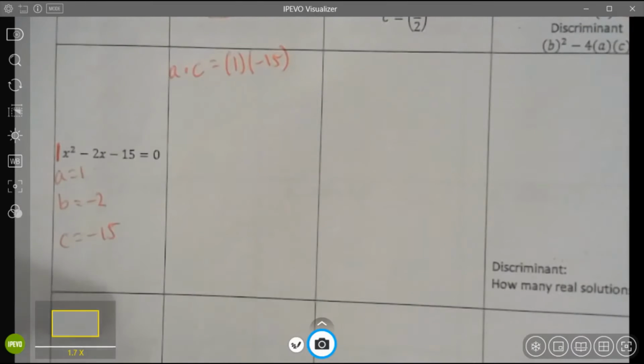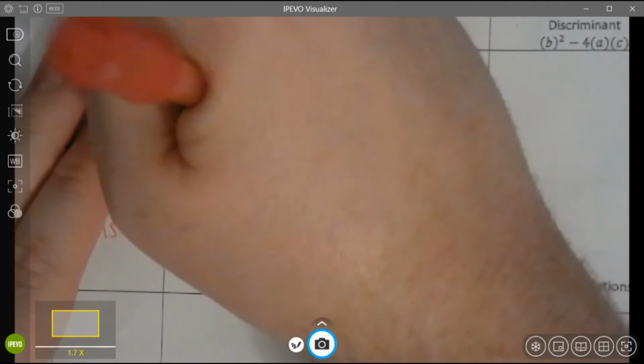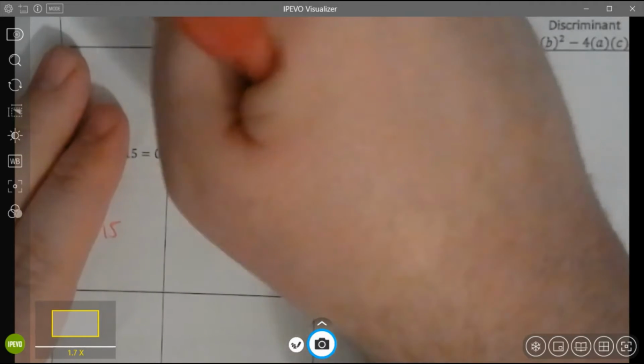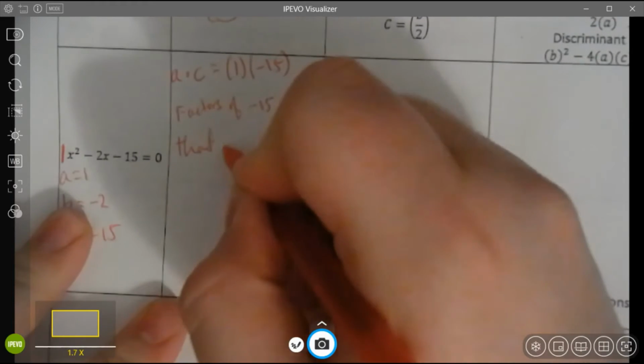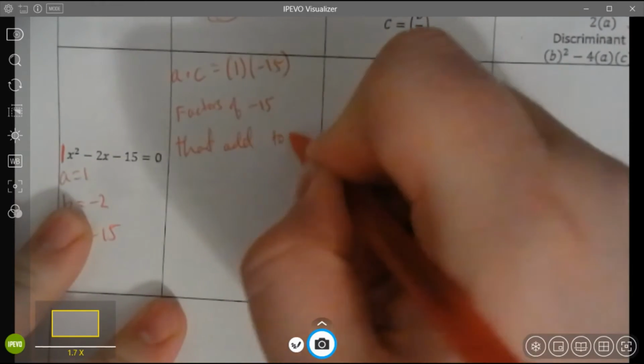So I'm going to look for the factors of -15 that add up to b. So b is -2. So I want factors of -15 that add to -2.